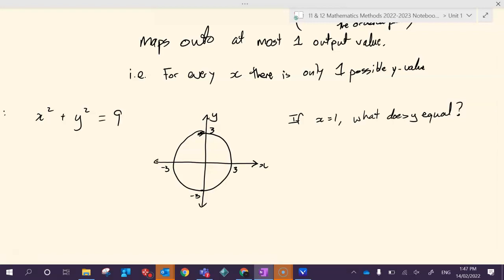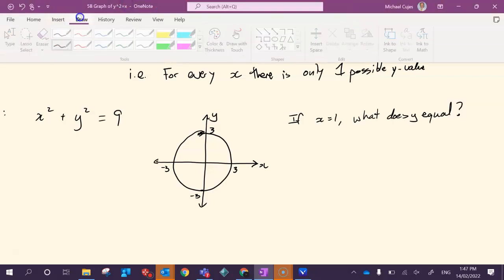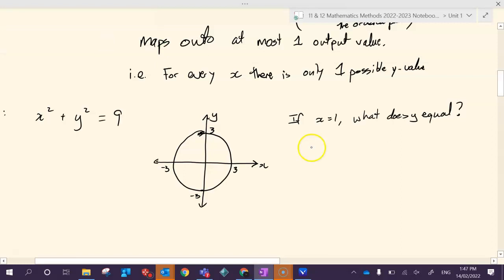Let's just do the algebra and see what we get. Replace x with 1, solve the equation, and tell me what y equals. So I'll give you 30 seconds to do that. We've only got 25 seconds left.